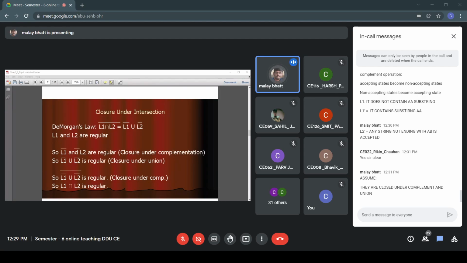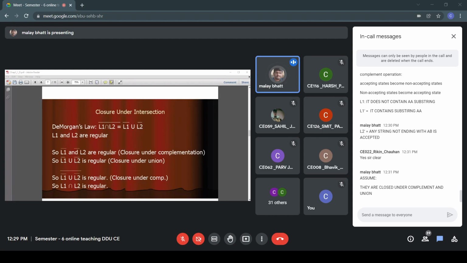So now we'll assume that L1 and L2 are regular languages. So the complement of L1 and the complement of L2 are also regular languages as per our assumption. Also we know that the union of two regular languages is also regular. So we'll take the complement of L1 union with the complement of L2, and it is a regular language because we are assuming the other two properties.